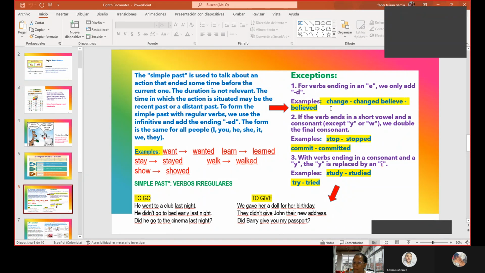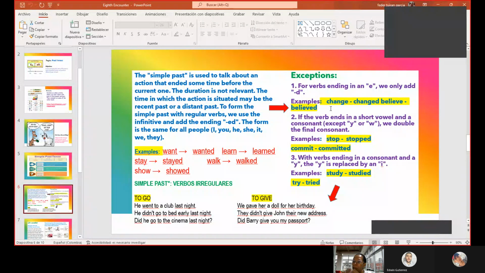If the verb ends in a short vowel and a consonant, except y and w, we double the final consonant. Okay, we have short vowel and consonant, short vowel and consonant. Then we double the last consonant.